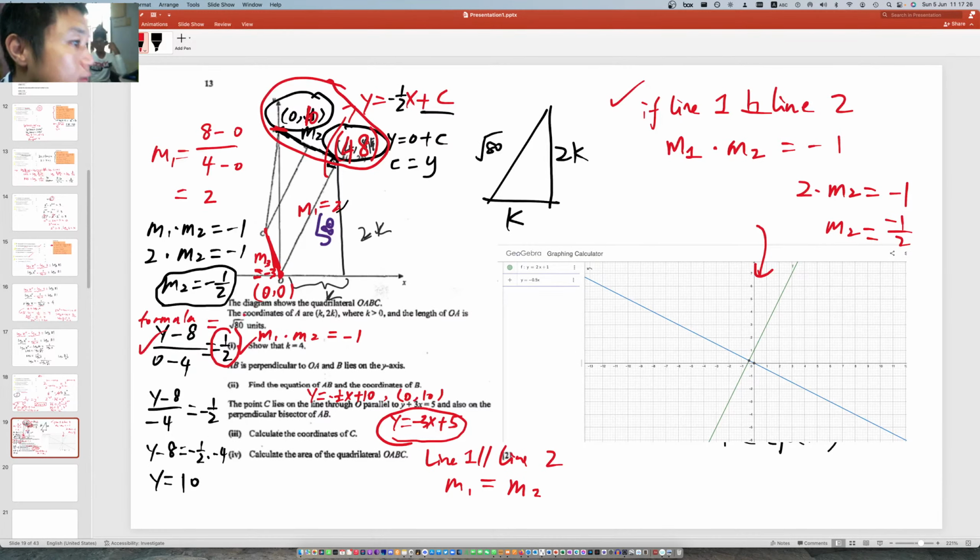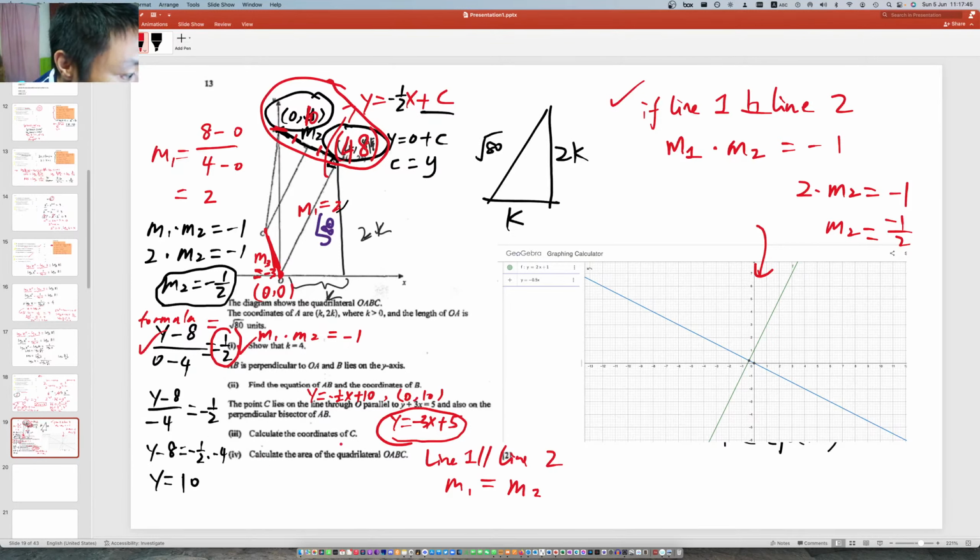Then it says and also on the perpendicular bisector of AB. So basically it's like cut this into half. Perpendicular bisector means cut it into half. Bisector means half. Okay, so this is the meaning.